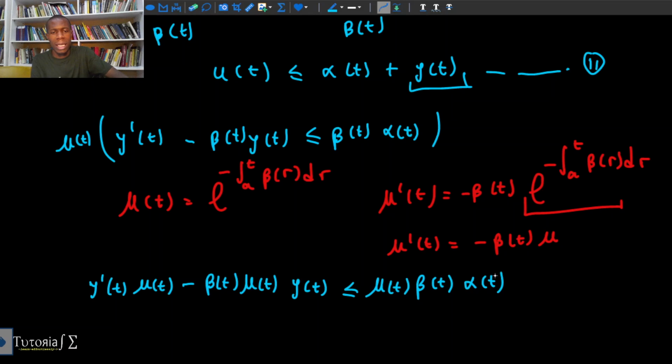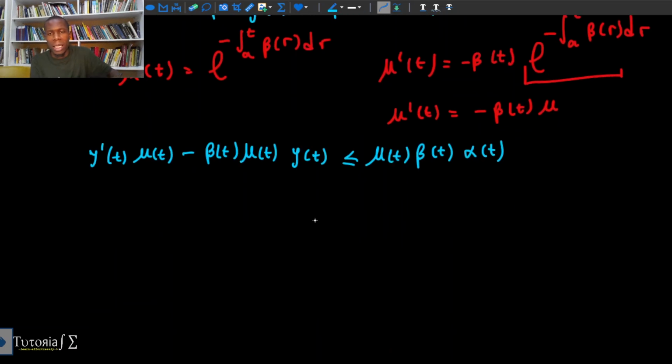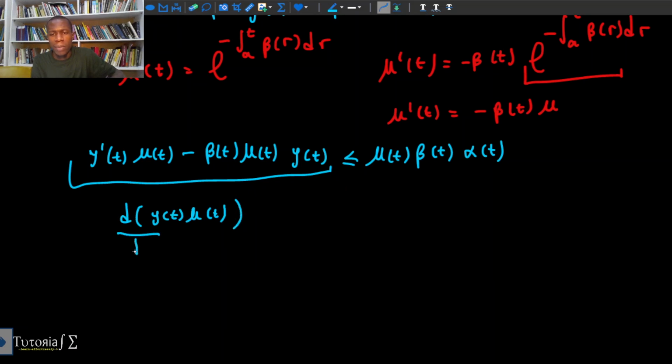We immediately recognize that this is a product rule. That is d/dt of y of t mu of t. When you differentiate with respect to time, you're going to have y prime of t mu of t, and when you differentiate mu, mu prime will be negative beta of t mu of t, which is just this part here.